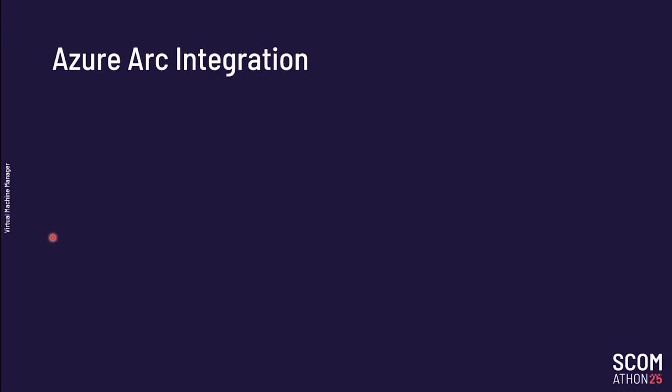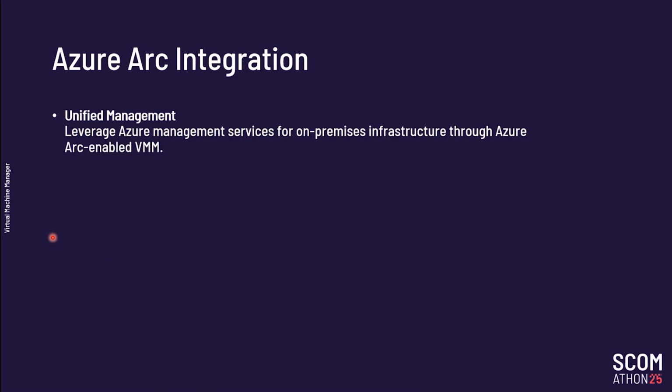Okay, we have one more introduction for Azure Arc integration. So Azure Arc, and I'm happy to go into conversation with you later after this session in the Q&A session, or we can meet in the speaker room after the session. I would really like to hear how many are using the Azure Arc enabled Virtual Machine Manager.